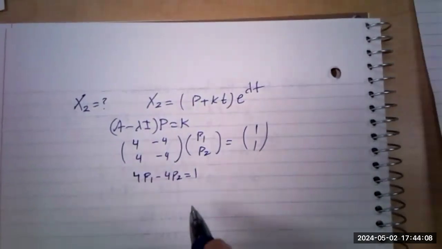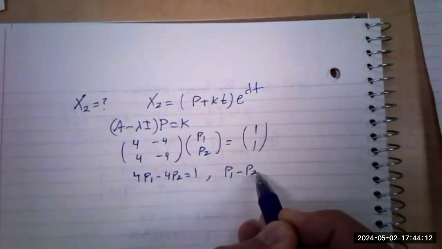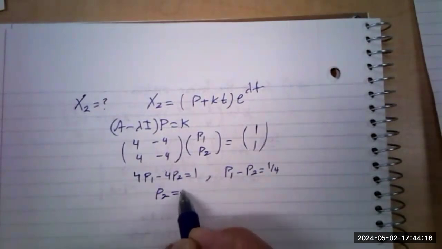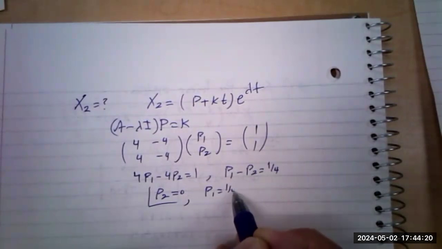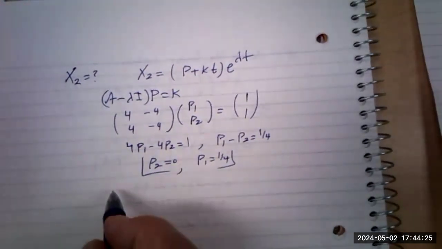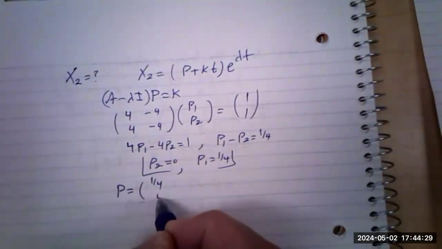You can pick a number if you like, divide by 4. P1 minus P2 equal to a quarter. So take P2 equal to 0, for example, and P1 would be a quarter. So the vector is a quarter and 0.